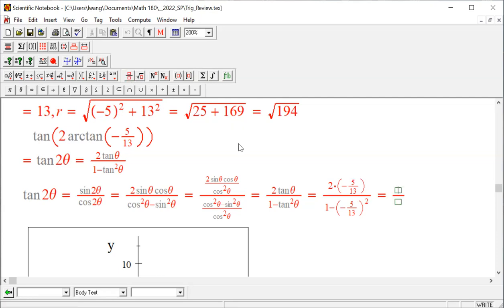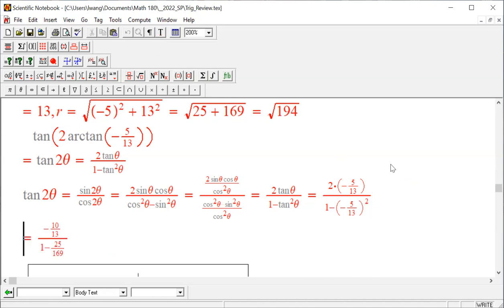The top is going to be negative 10 over 13. And the bottom, we have 1 minus negative 5 over 13 inside the parentheses squared. So we have 25 over 169. Finding a common denominator in the bottom, 169 over 169.